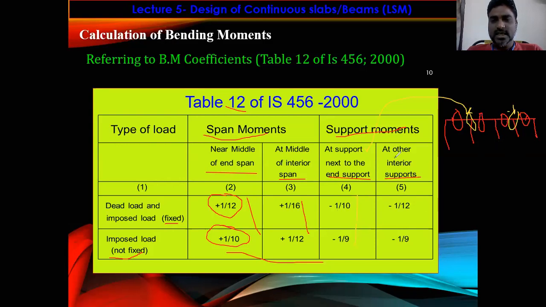And next is at other interior supports. So this one is the other interior support. To determine the bending moment here, you can use these coefficients, right? These are the coefficients at other interior supports.